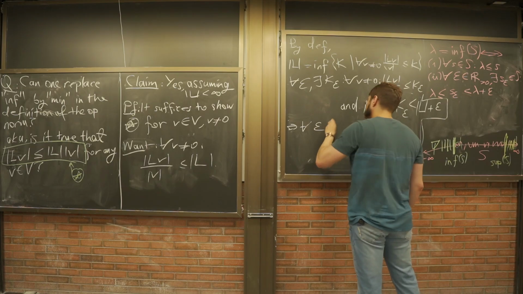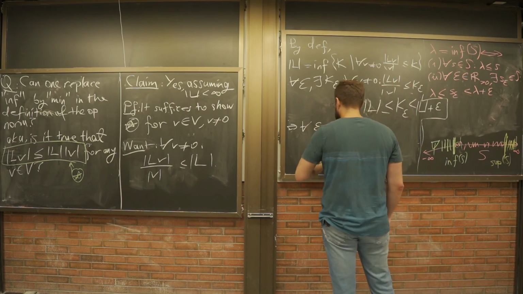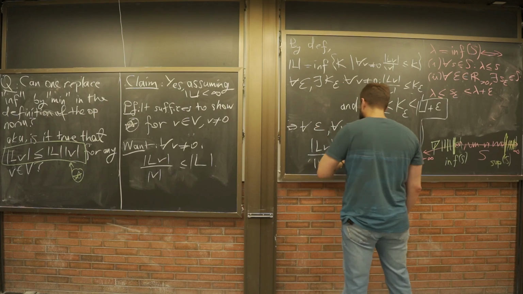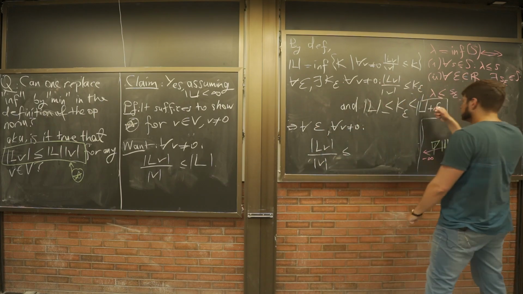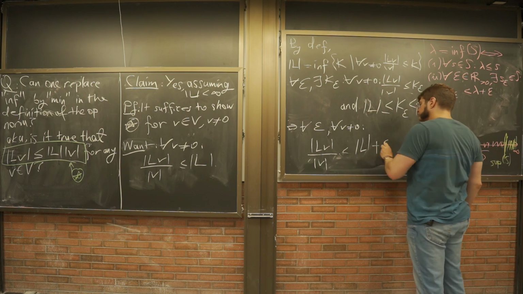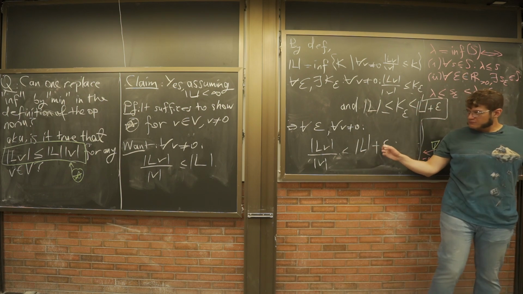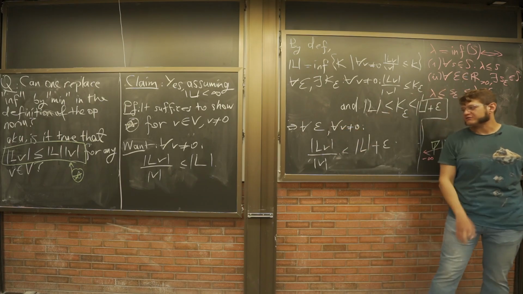For any epsilon, for any v non-zero, the norm of Lv divided by the norm of v is bounded by this guy, which is strictly greater than L in operator norm plus epsilon. This works for any epsilon and for any non-zero v.